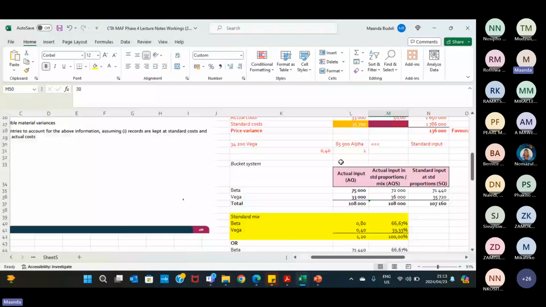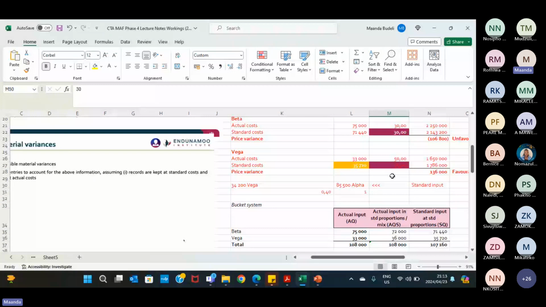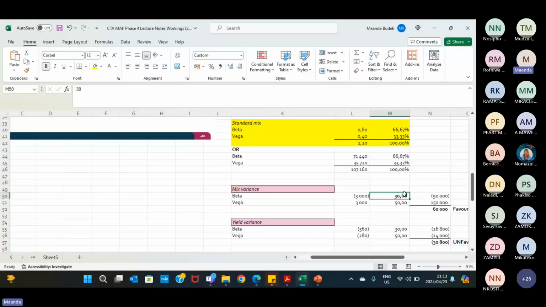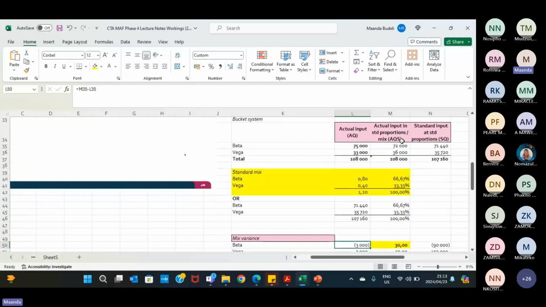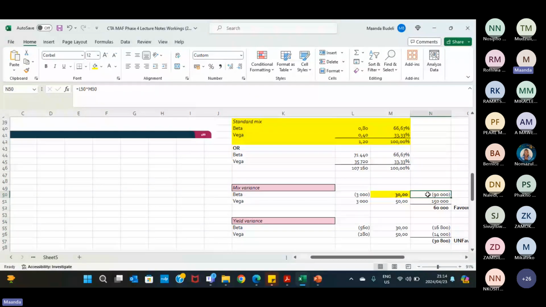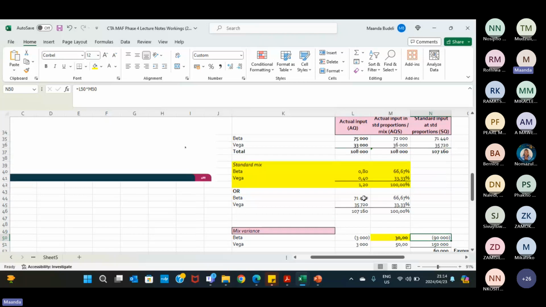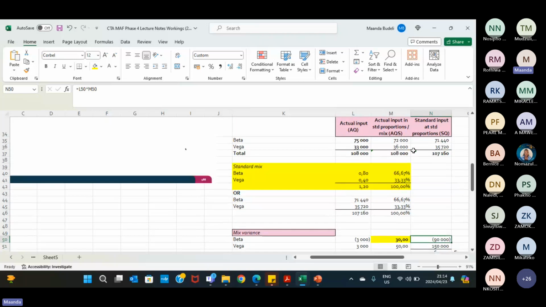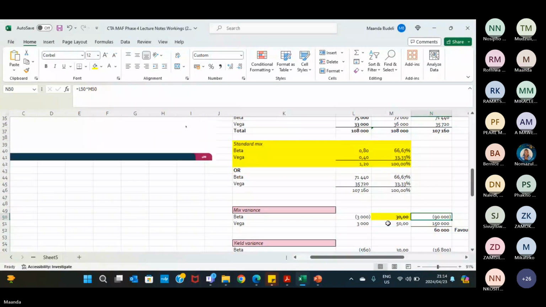Even here, because this is an extension of the usage variance, the quantity variance, this still remains the same, right? And then I minus the actual minus the total on the proportion of standard mix, then I get the 92,15,000 here. And then do the same here with the standard, I get 15,000.